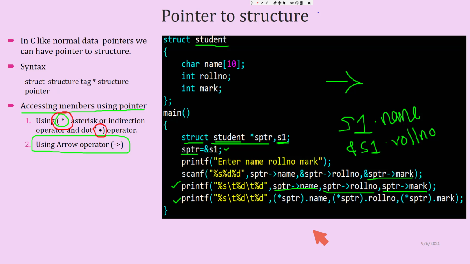If you use dot operator, you have to mention it as a pointer: within bracket, you have to write star SPTR. These are the two ways we can access structure members. These two lines will give the same output.